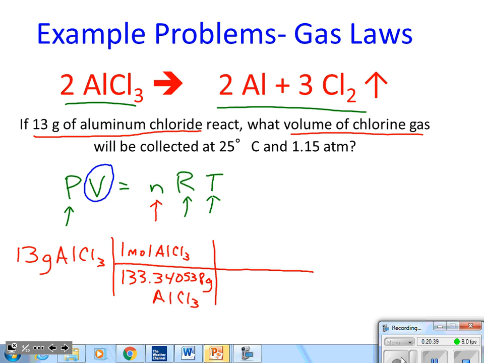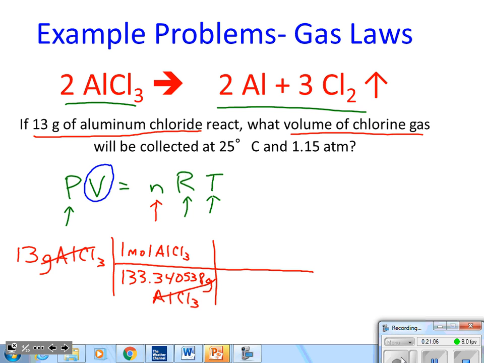Where did I get that number? It's the molar mass of aluminum chloride. So, I get my grams to cancel. I've now converted this into what? Moles of aluminum chloride. Now I need to use my molar ratio to get to moles of chlorine.